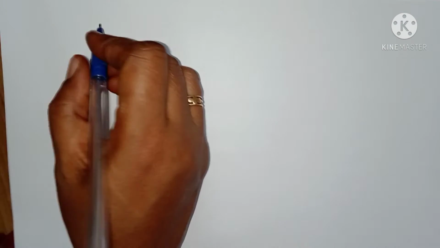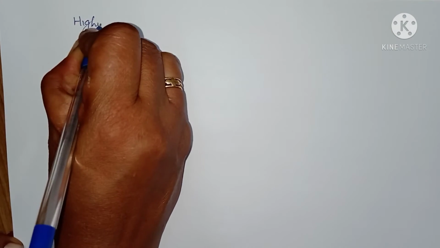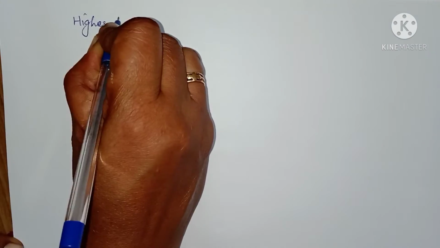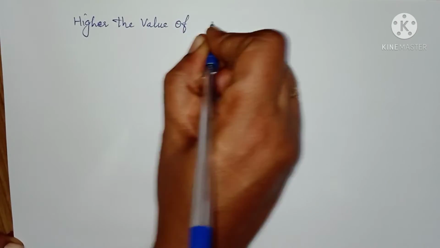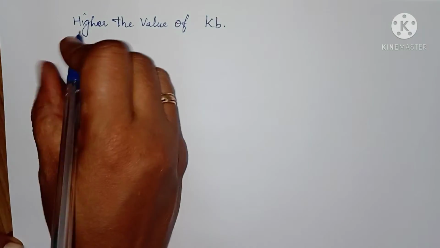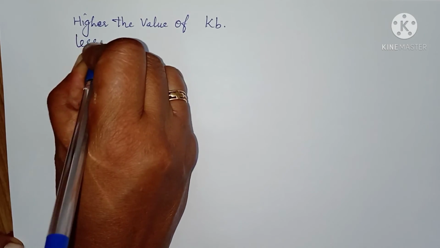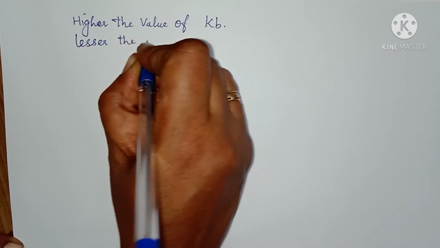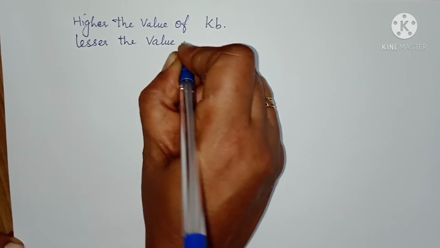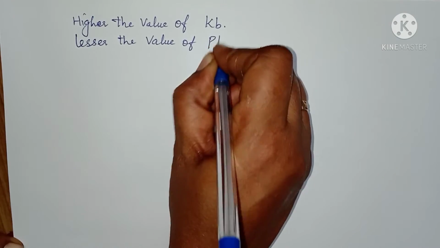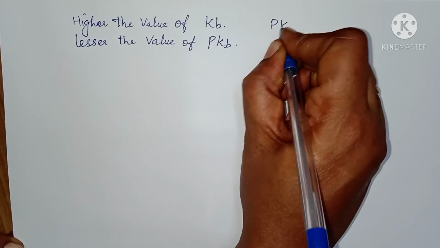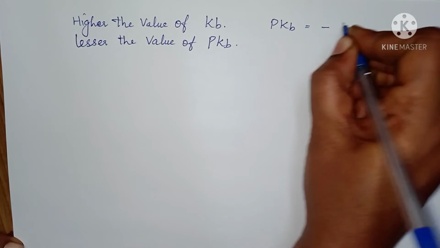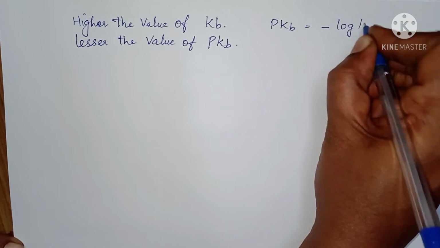One short trick I'll tell you: the higher the value of Kb, the lesser the value of pKb. That's what I mentioned here, pKb equals minus log Kb.